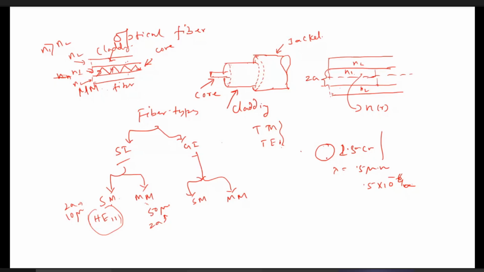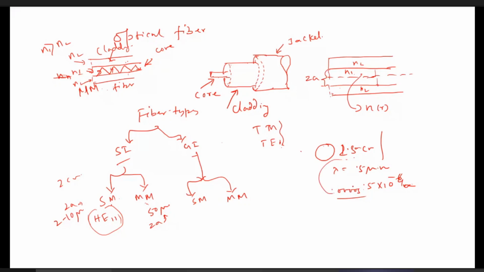But if it is of the same dimension, say a core diameter of 2 microns, generally 2 to 10 microns, then with respect to 1 micron, the 0.5 cannot be treated as 0. But with respect to 2.5 centimeters, it can be treated as 0.